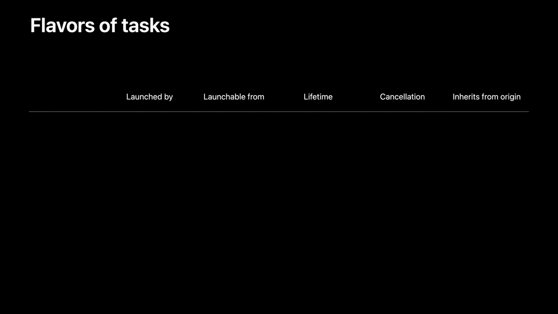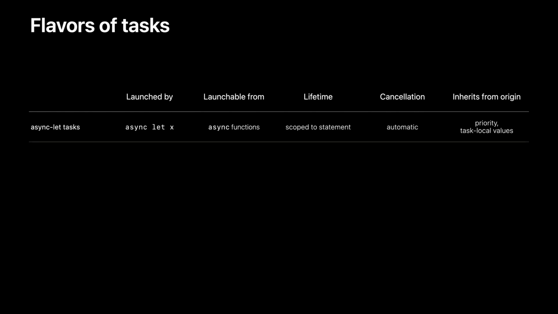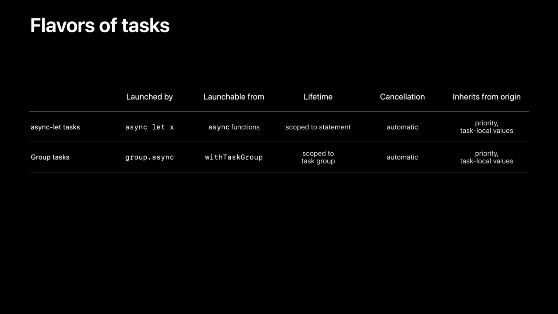At this point, we've seen all of the primary forms of tasks there are in Swift. Async let allows for a fixed number of child tasks to be spawned as variable bindings, with automatic management of cancellation and error propagation if the binding goes out of scope. When we need a dynamic number of child tasks that are still bounded to a scope, we can move up to task groups.